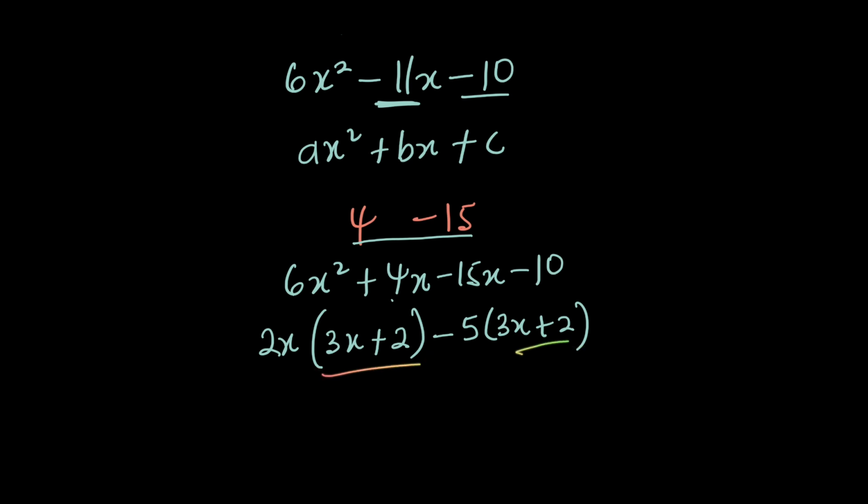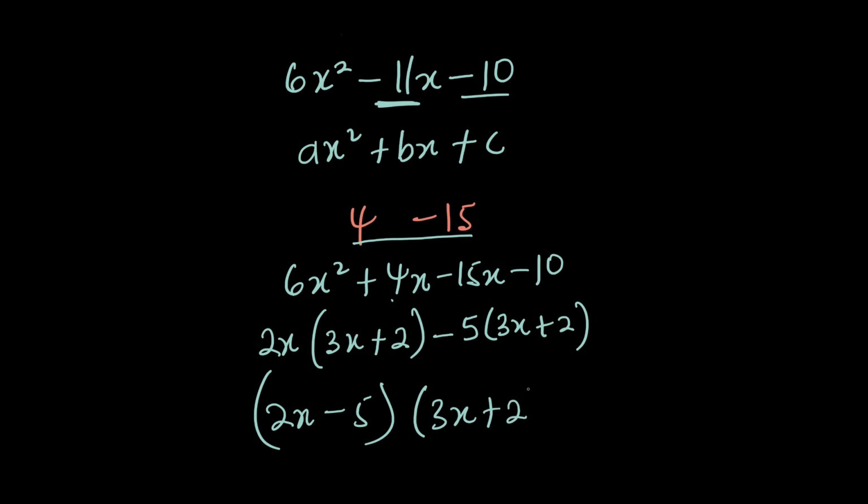The moment you see they are the same, then you know you're on the right path. Now we pick this, and then we pick one of the brackets. Then we are done. We get 2x minus 5, then we pick one of the brackets, 3x plus 2. So when we factorize 6x squared minus 11x minus 10, this is the answer.